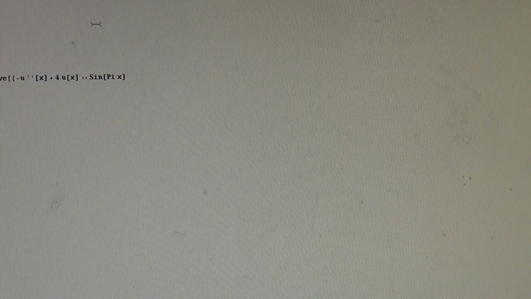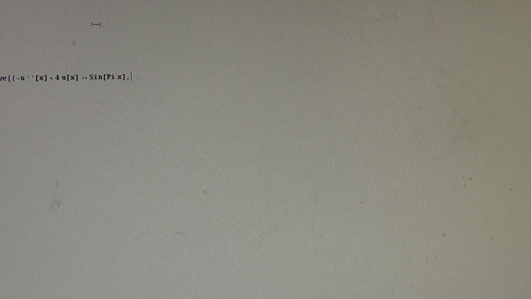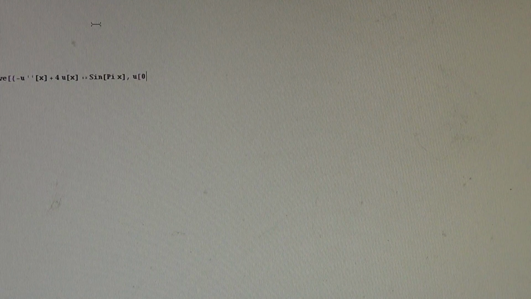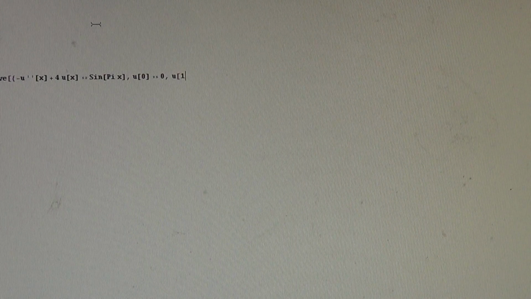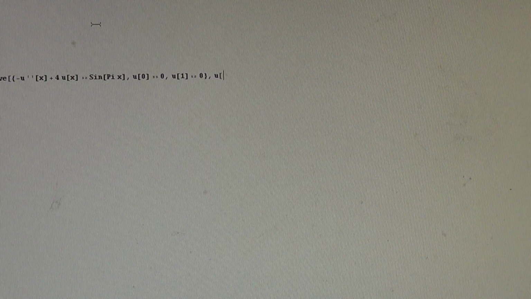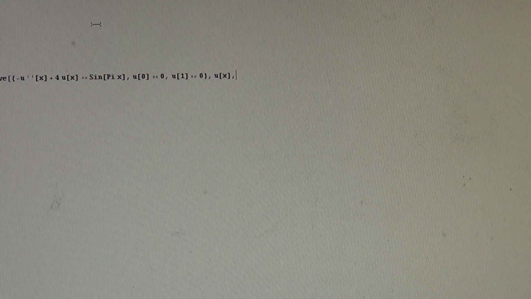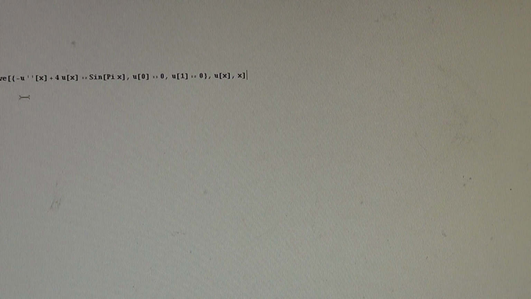This is the Euler's equation. Under the conditions, we have to list that Euler condition in the command: u of 0 equals 0, then u of 1 equals 0 again. Close the curly brace, and we solve with respect to the unknown function u of x and the variable x.